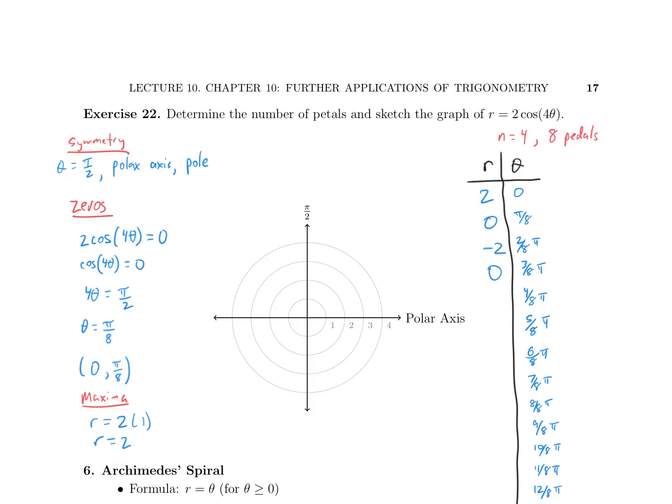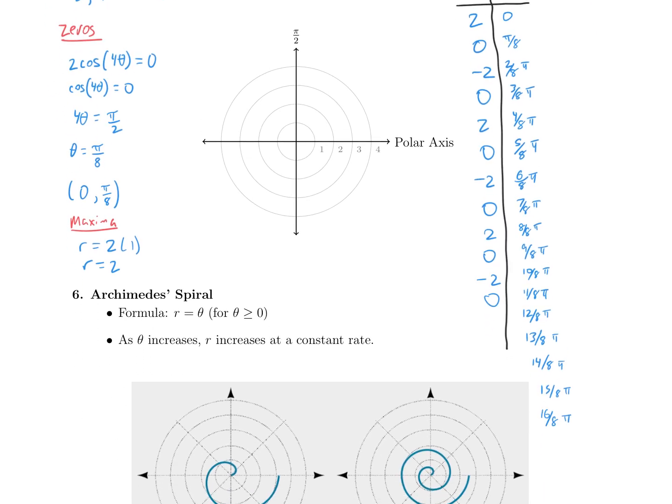And then it just repeats: 2, 0, -2, 0, 2, 0, -2, 0, etc. It just continues, and you'll see how that plays out when you graph. All right, so let's begin.